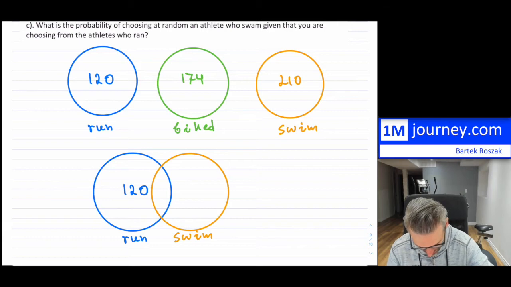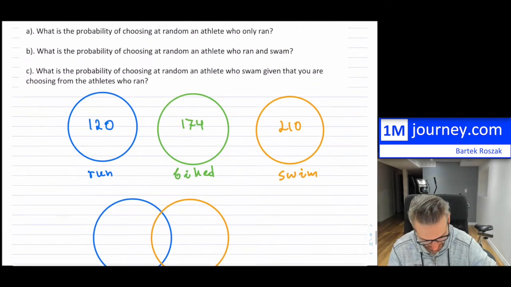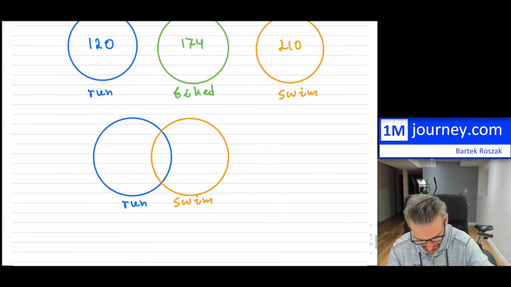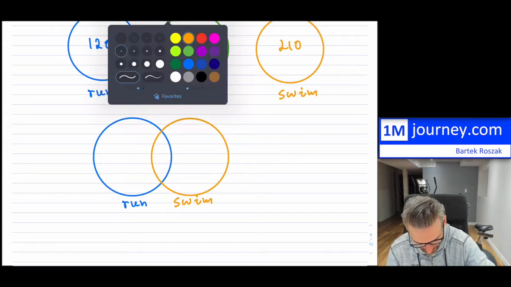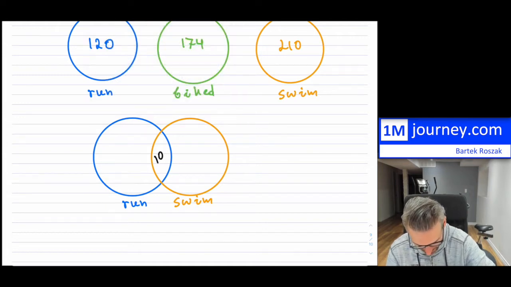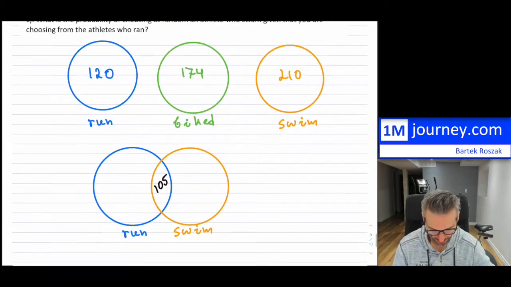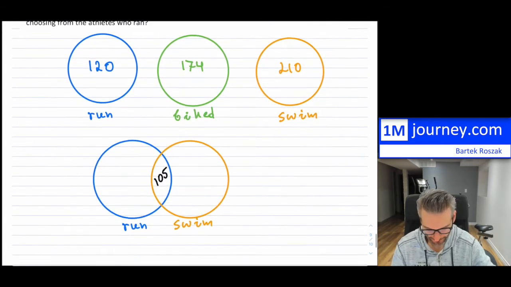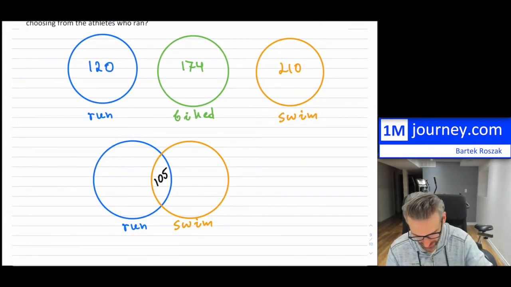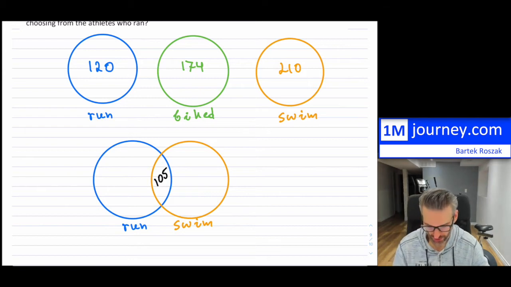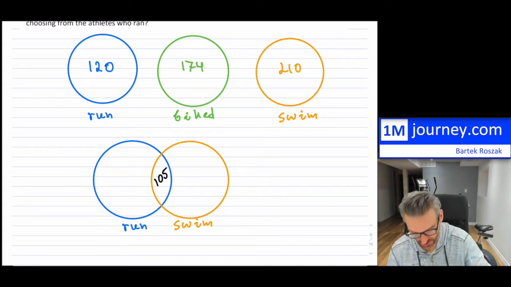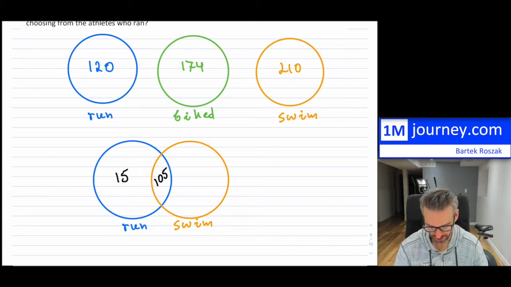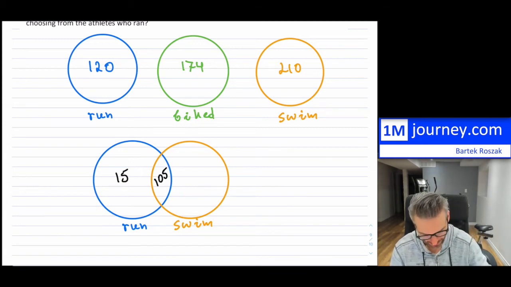So let me erase this because they tell us that 105 both ran and swam. So from the runners, 120 I had in total, so that means 15 of those runners only ran, and then the rest also swam that week.